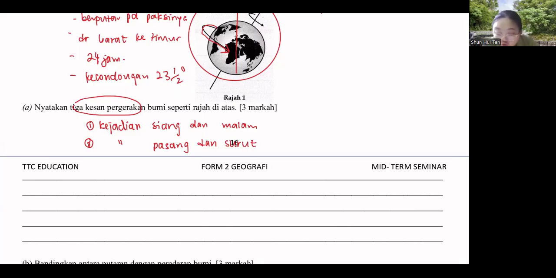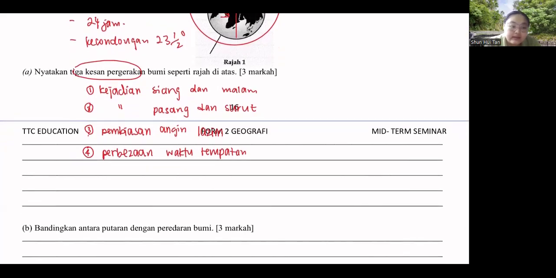Okay, kejadian pasang surut, and then followed by, yes, angin lazim. Okay, and one more, perbezaan waktu tempatan. All right, but they want 3 only.